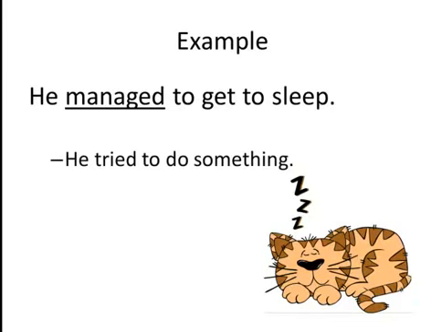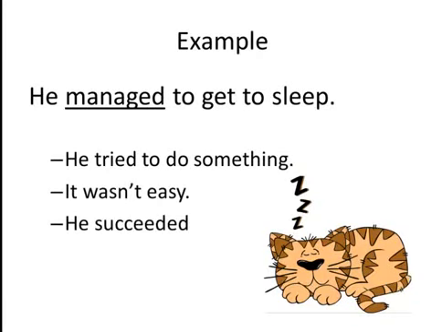So managed is the idea of trying to do something that wasn't easy but that you did do it. You succeeded. Okay, so those are the three elements, if you like, of the word managed. So if you tried something that was difficult and you didn't do it, then clearly that's not managing to do it. If you tried something that was easy, that wasn't managing to do it. Okay?